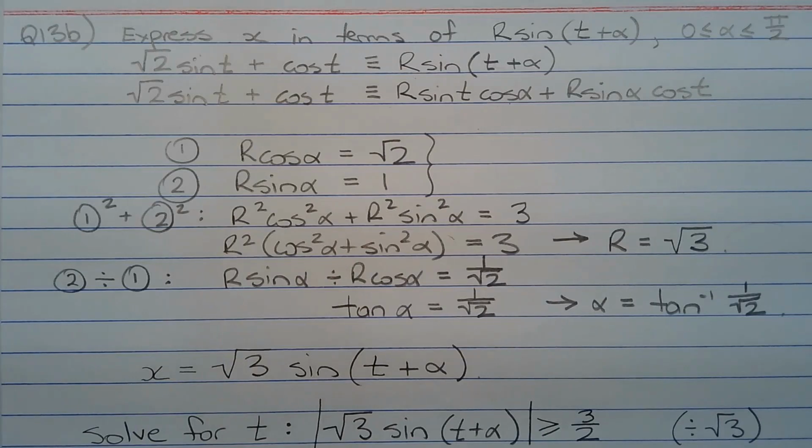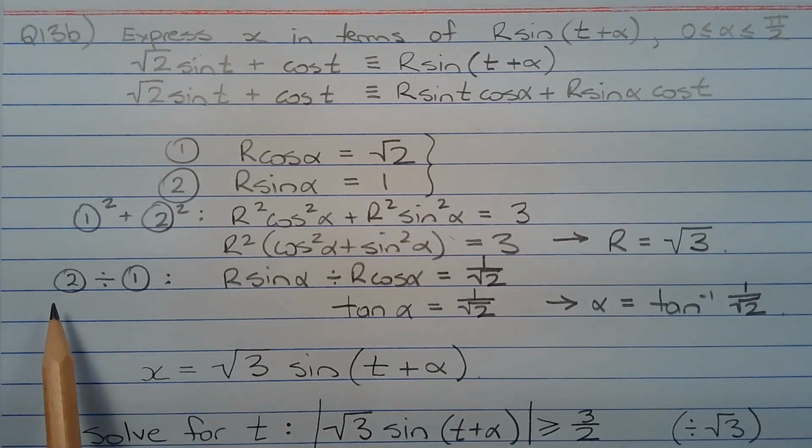Factorising out r squared, we get r squared times (cos squared alpha plus sine squared alpha) is equal to 3. And cos squared alpha plus sine squared alpha is equal to 1. So r squared is equal to 3. Taking the square root of both sides, we get r is equal to the square root of 3. And because r represents an amplitude, it needs to be the positive square root.